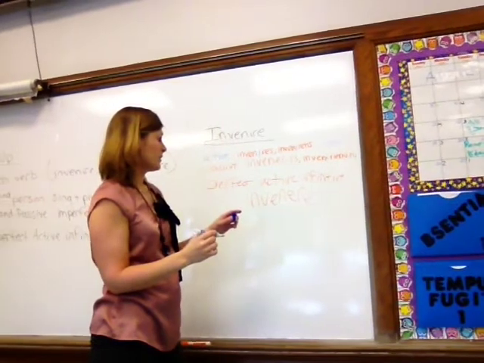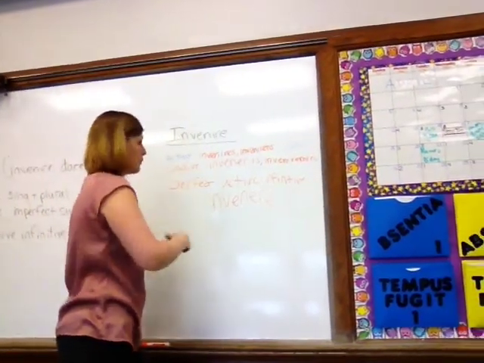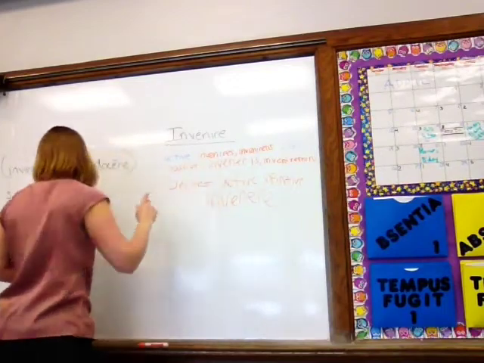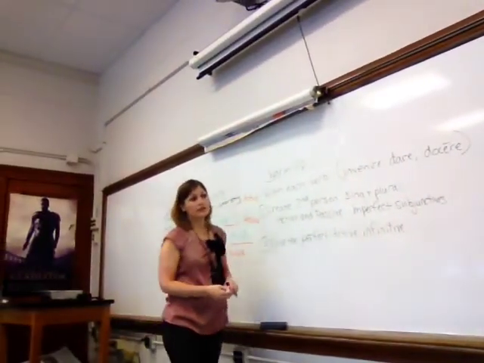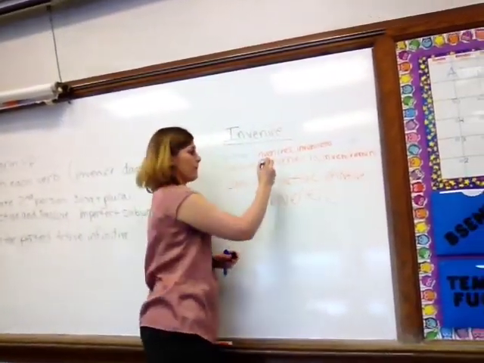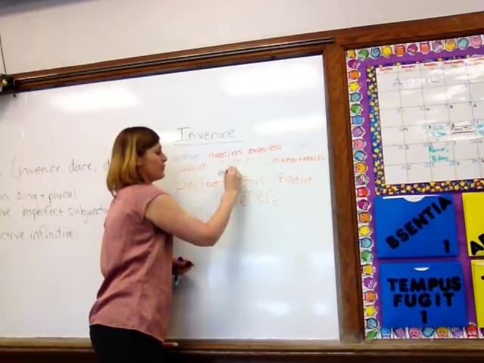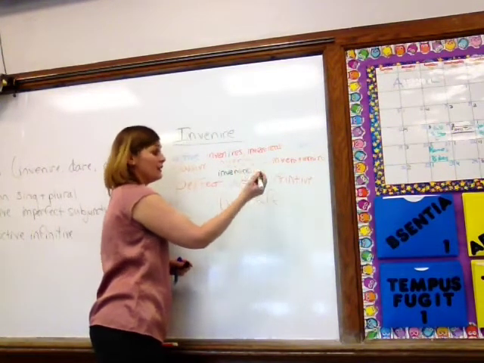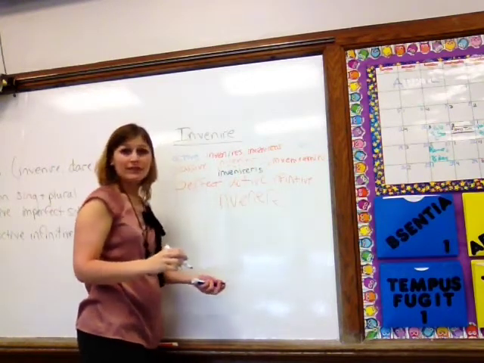So then we have to adjust this one here. What do you think we should change this one to? I'm going to get a new marker because it's already in orange. What should we change this to? So we just want the infinitive, and then we're going to put the passive ending on. Invenireris.